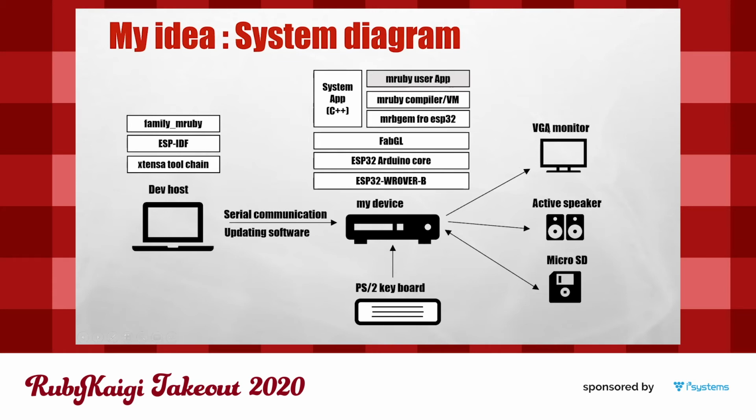It can support VGA monitor, also audio output, and PS2 keyboard. It's a very nice library. Then I made the mruby gem, mruby compiler and mruby virtual machine. Then the user can put their script on this system.